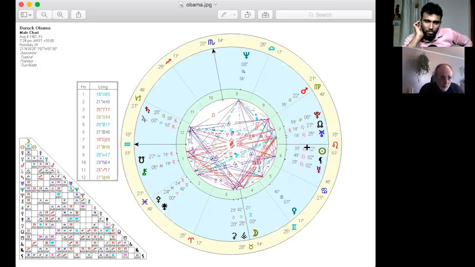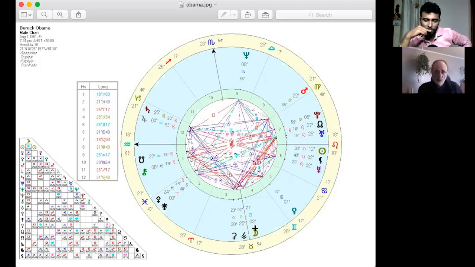This is also a good chart to talk about skipped steps on. Evolutionary astrology defines a skipped step as planets squaring the node. Here we see Obama has his moon squaring the nodes.